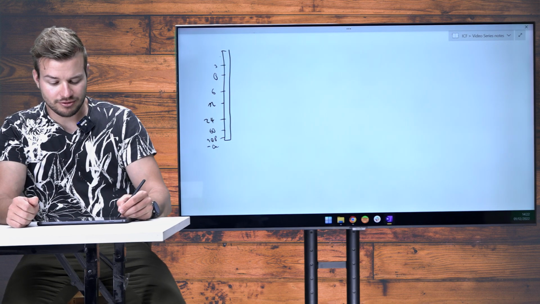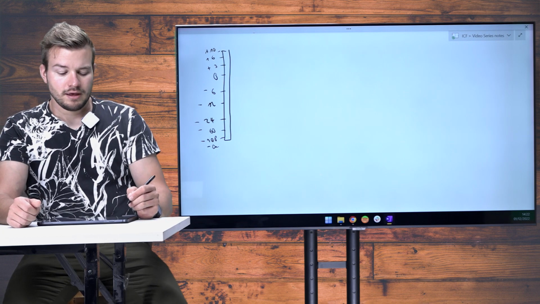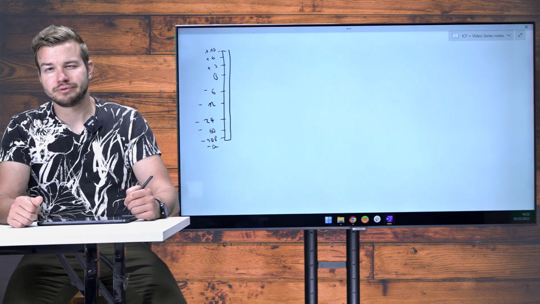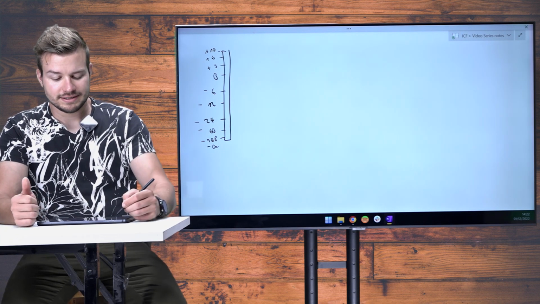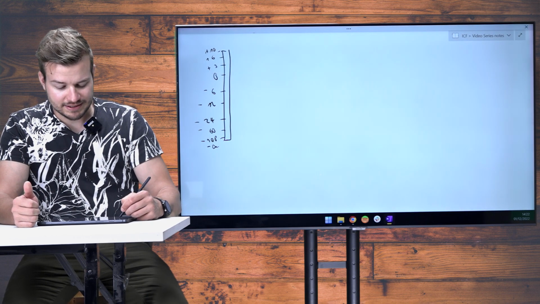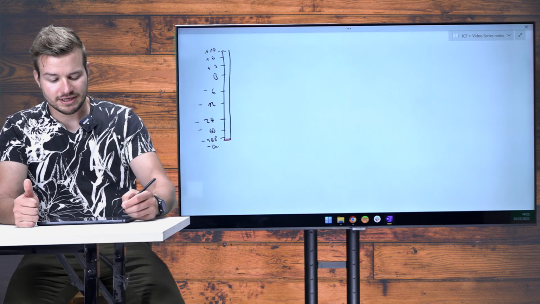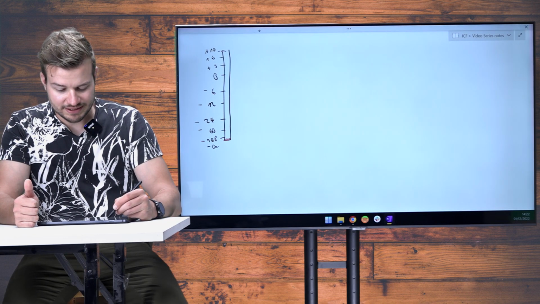And then it goes +3, +6, and +10. So this is all plus and this is negative. That's basically an indication bar of the current level of the signal. If you don't have any signal at all, it's minus 100 or even below, and if the signal goes up, it goes up in this bar.